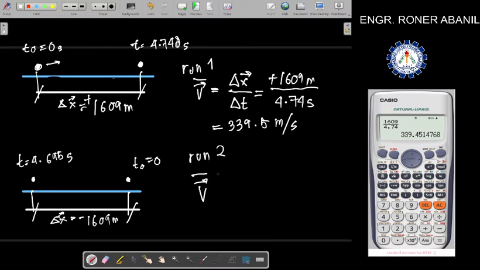So run number 2, okay? So ganun pa rin ang formula ang gagamitin natin. Change of x over t. So dito naman, negative na siya kasi bumalik. Tapos nag-iba yung time niya. Siguro nag-iba yung time dahil dun sa hangin.